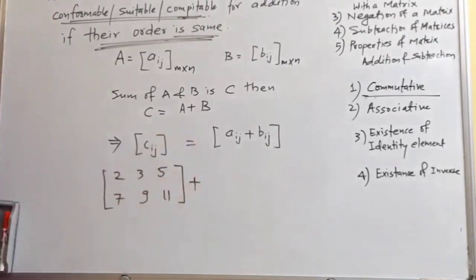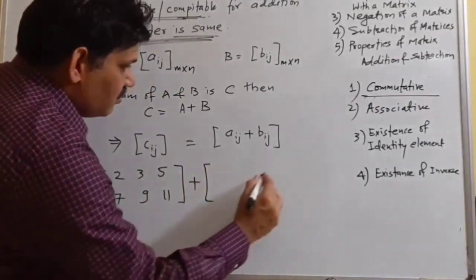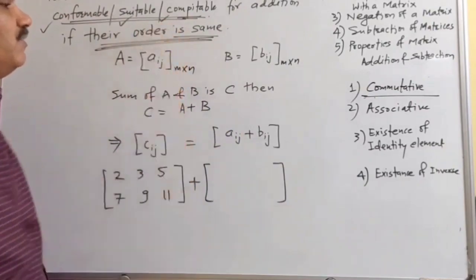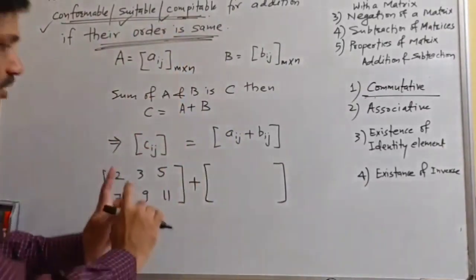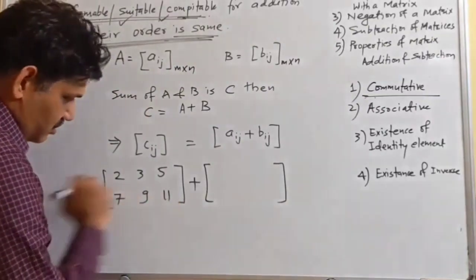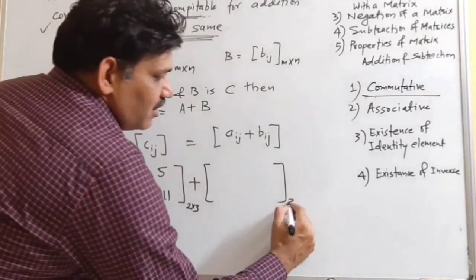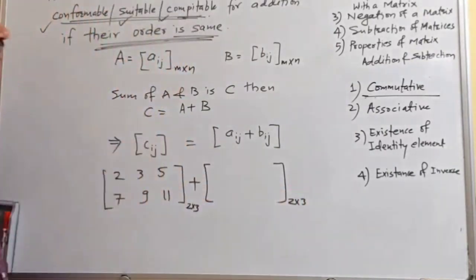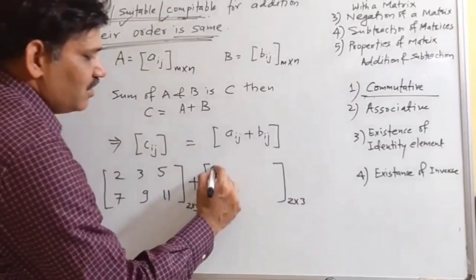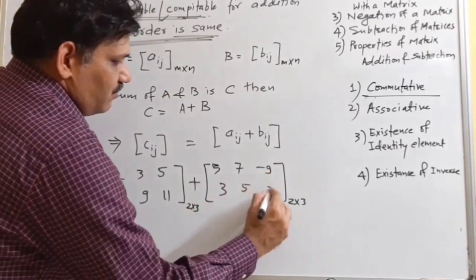If I want to add another matrix B to it, then the condition for conformability or compatibility for addition is that the order of both matrices must be the same. So its order is 2 rows and 3 columns, that is 2 by 3. So the matrix which can be added to it is of order 2 by 3. Now I can choose any elements: 5, 7, minus 9, 3, 5, 2.